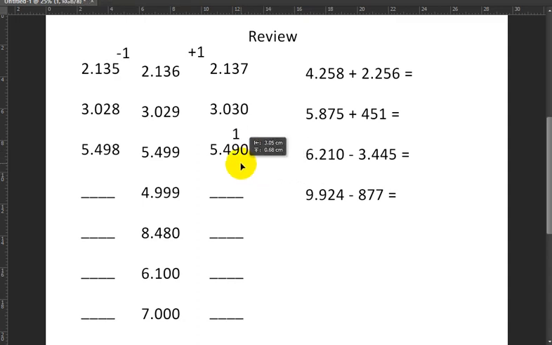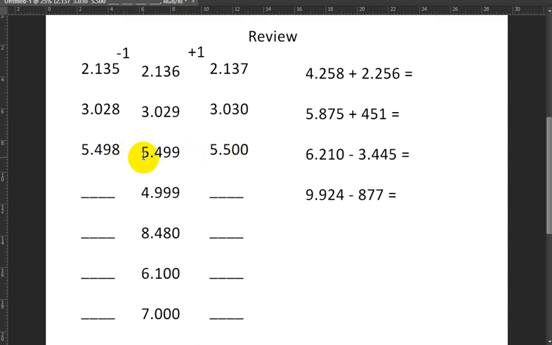So I'm going to add 1 to the 10s. 1 plus 9 will make 10 again. So this will also become 0, and I will carry 1 more. Over to the hundreds. And now I'm going to say 1 plus 4 is going to give me 5. And now the regrouping is done.